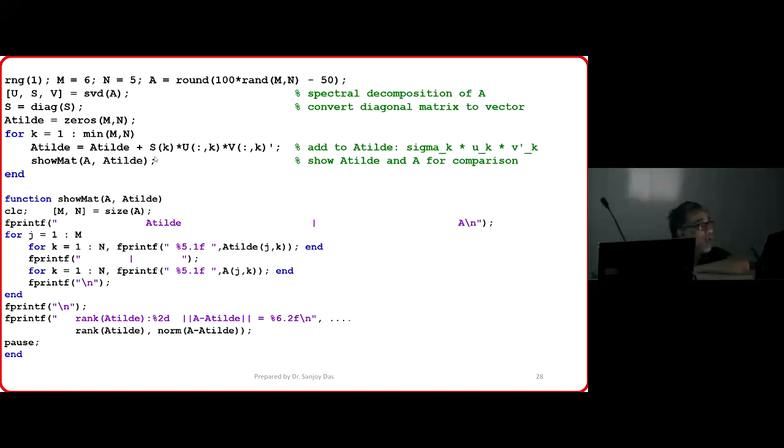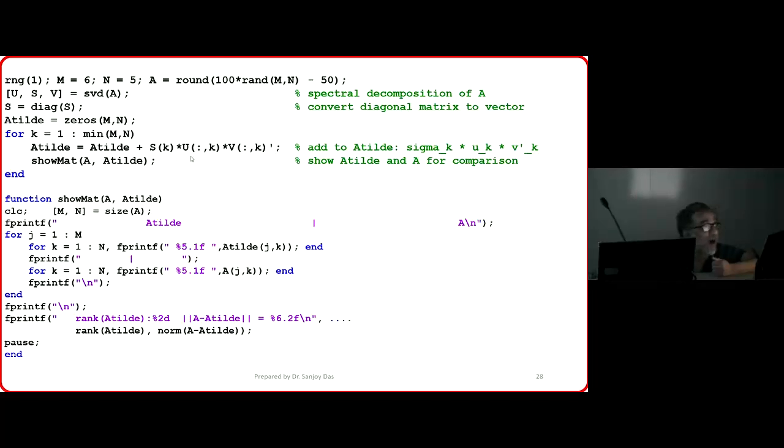What I'm doing is I'm adding a term sigma i or sigma k. I'm using k here. I avoid using i in the for loop because I use it as the imaginary number. So I'm using k as the index. So this sk is the sigma k, uk is the kth column of U, and this is the kth column of V transpose.